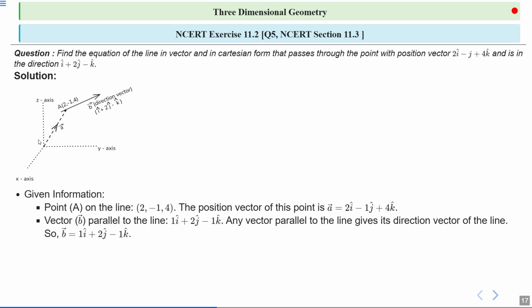Next, we are given vector b parallel to the line, and vector b equals i cap plus 2j cap minus k cap. Any vector parallel to the line gives the direction vector of the line. So vector b equals i cap plus 2j cap minus k cap.